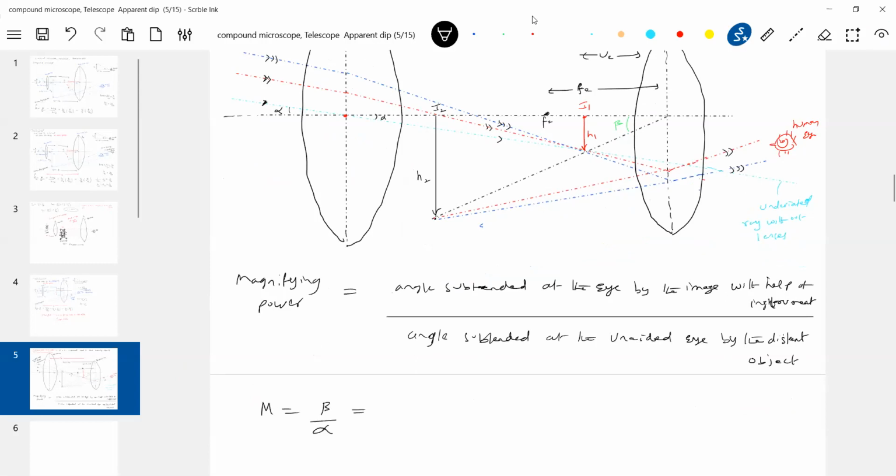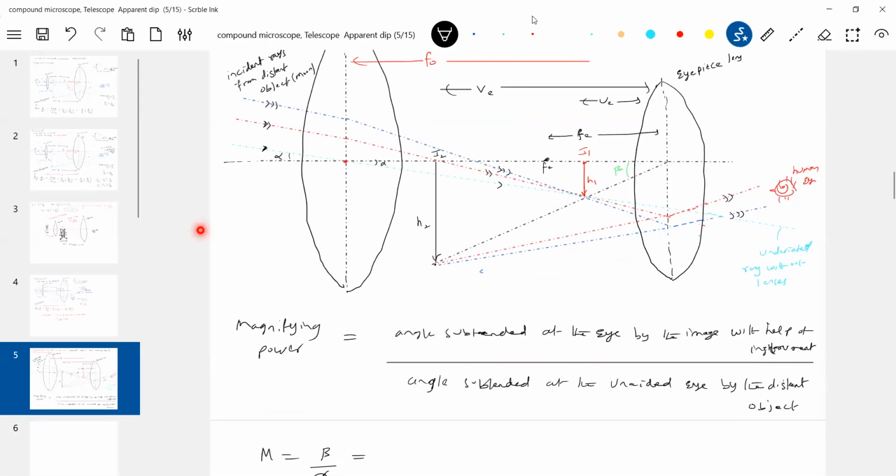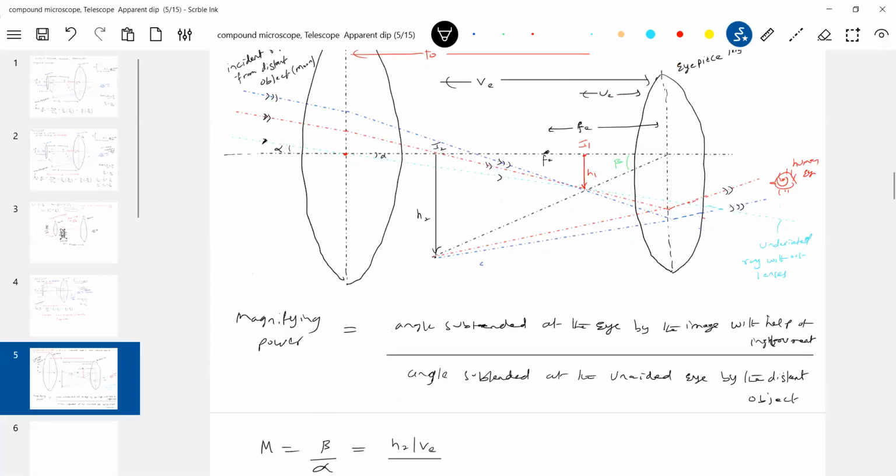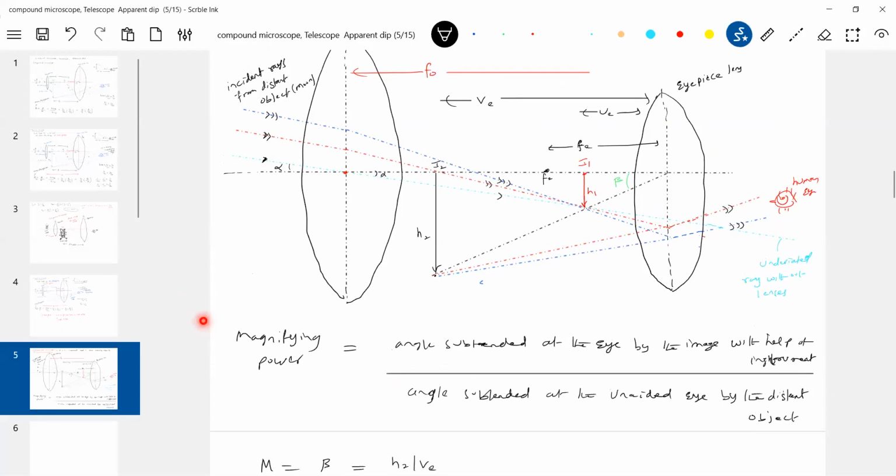Now, what is beta? You can look at it from there. Beta, shall we write H2 by VE. You look at the bigger triangle. This triangle, H2 by VE, beta. Tan beta we can write as that. What is alpha? From where to bring alpha? Alpha you can also write as H1 by, how to bring alpha.